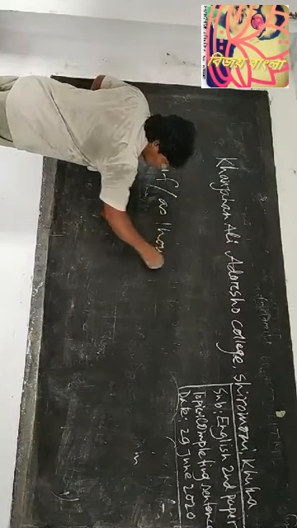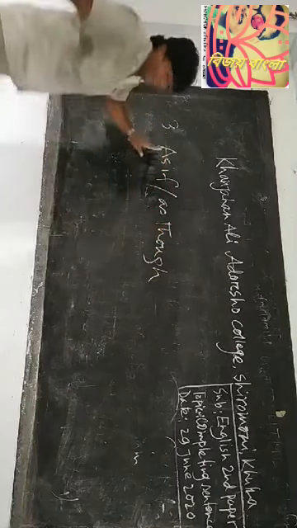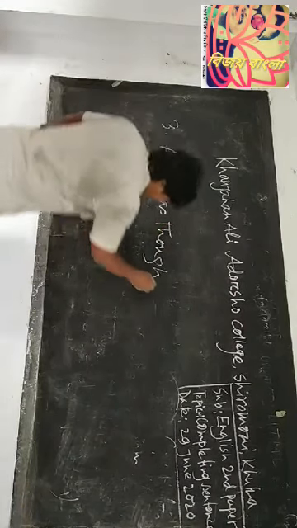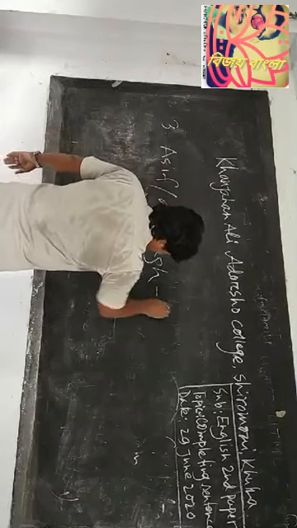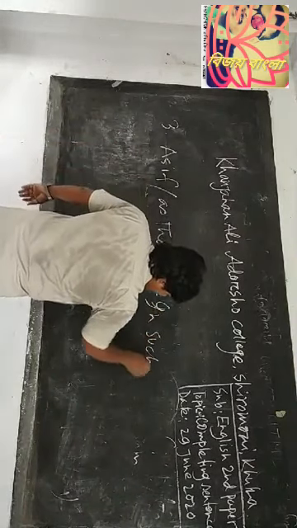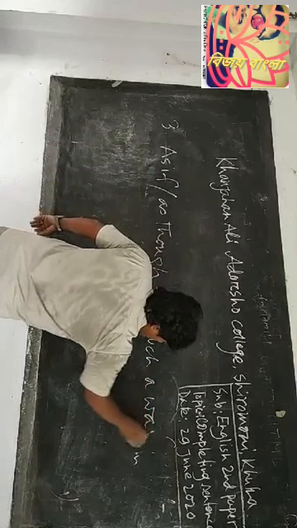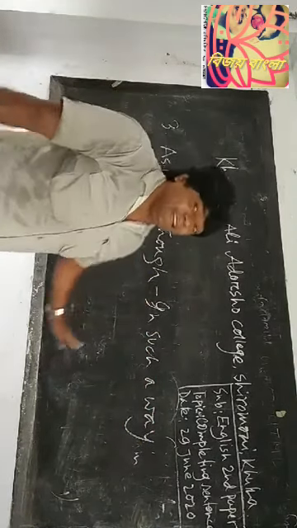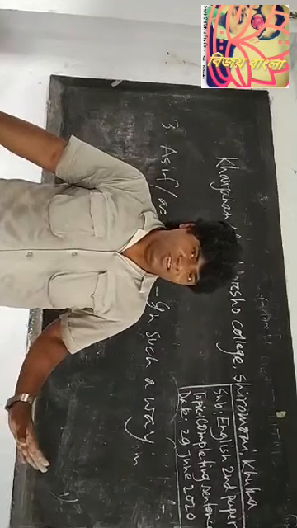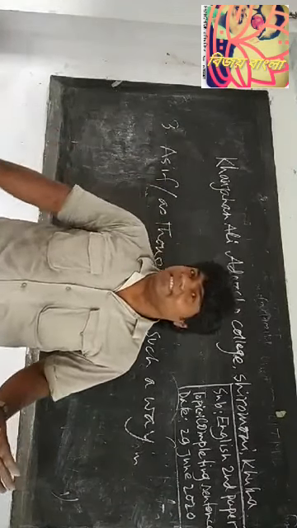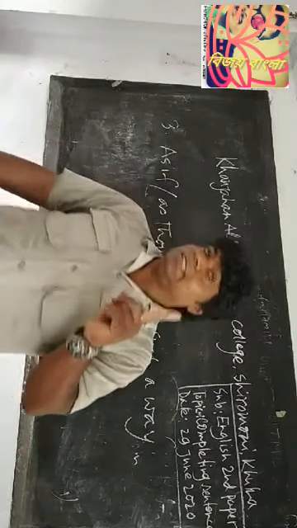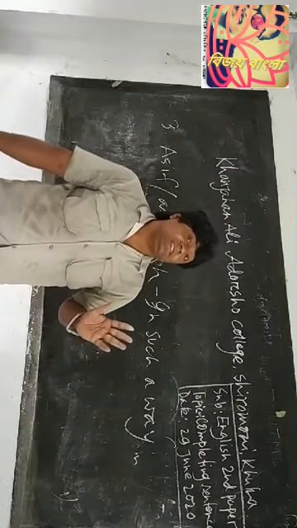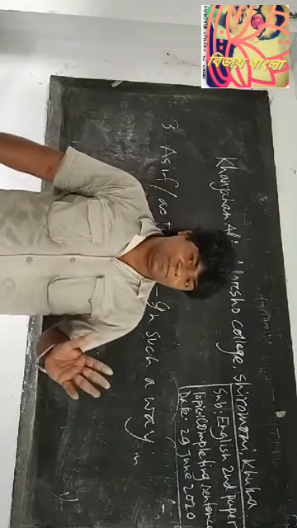As though, as if, or as though, it means in such a way. As if or as though means in such a way. Okay? It is a very interesting part of grammatical items. It's a good expression.